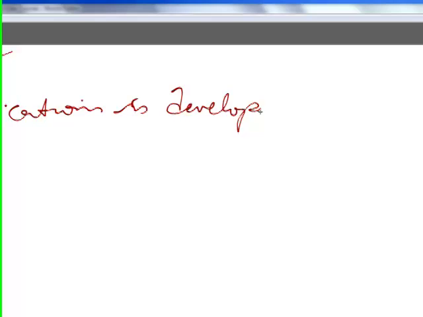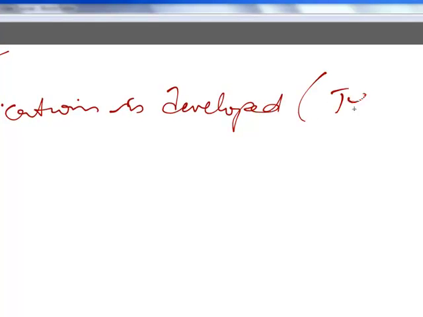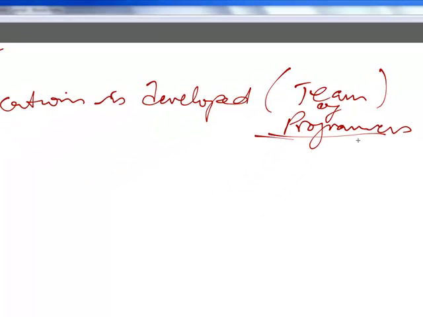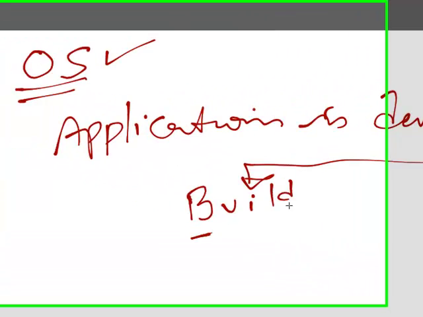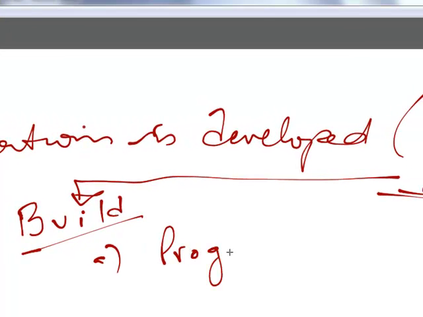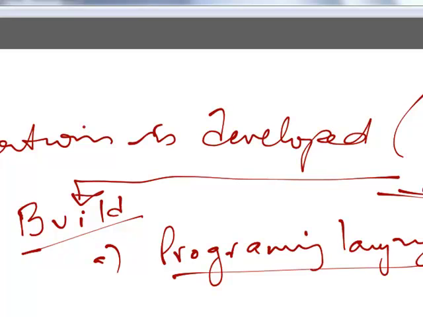you have a team of programmers who are going to create that application. They build it using a programming language, so you need to know what kind of programming language they would have used. Not that it is important for you as a tester.